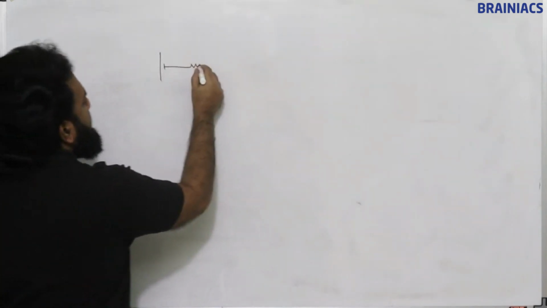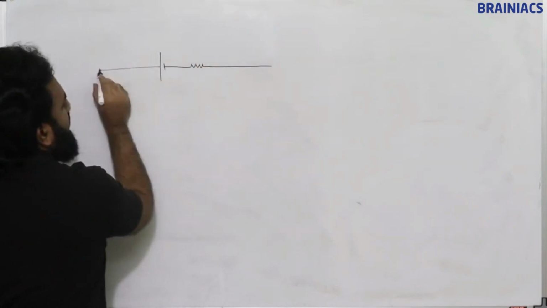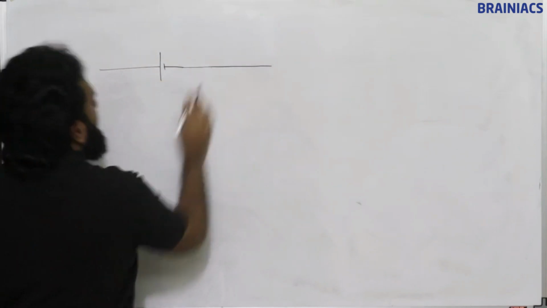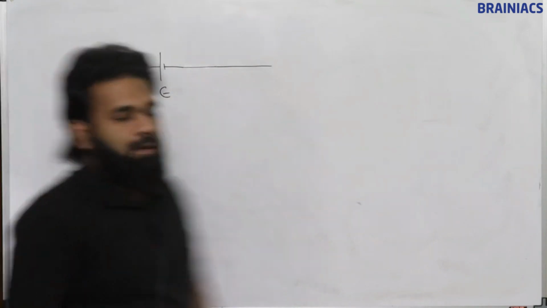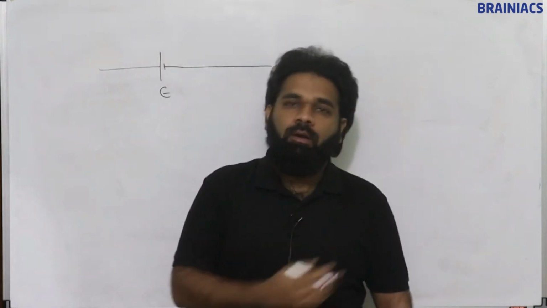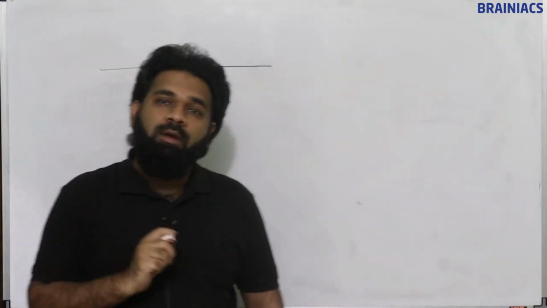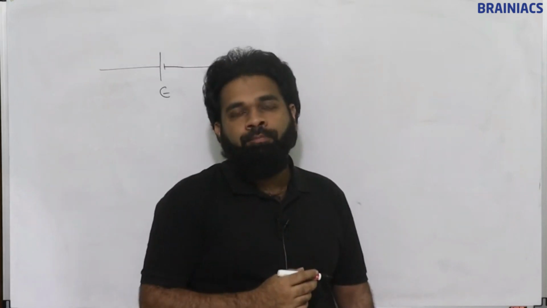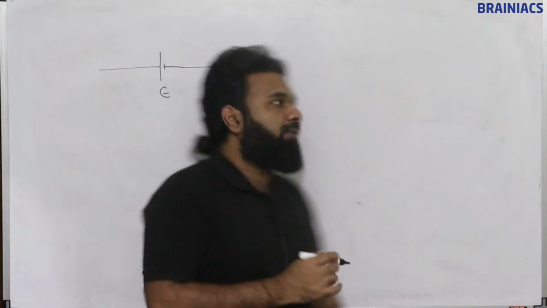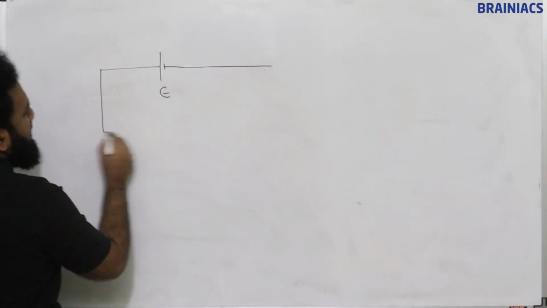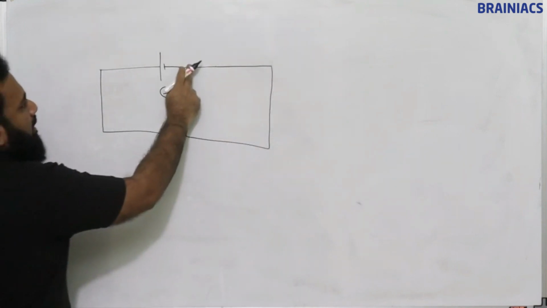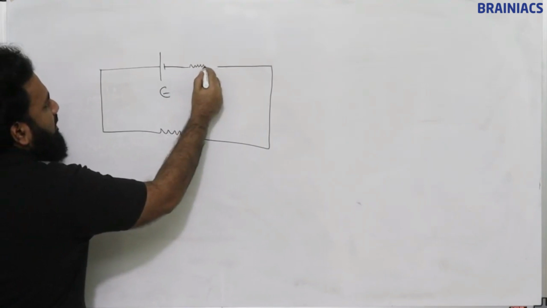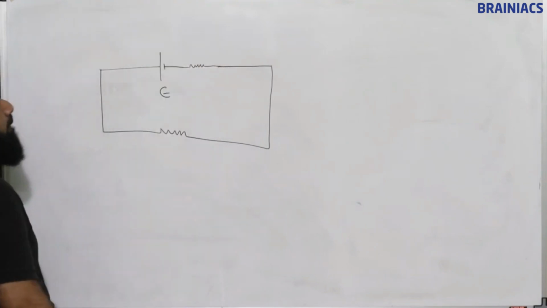Clear? So suppose we draw a cell. This is EMF. We can say EMF is the potential difference across the terminals when no current is flowing in the circuit. If there is a current flowing in the circuit, and we measure the potential difference, say if this is an external resistance, definitely there will be an internal resistance also in the cell.